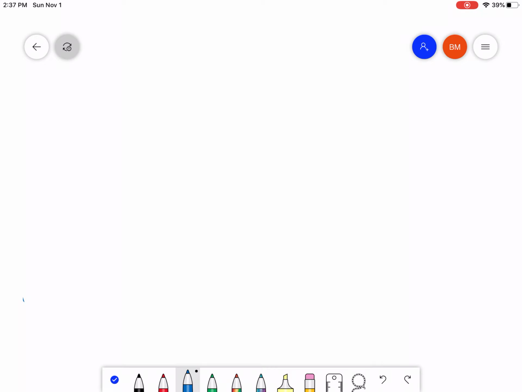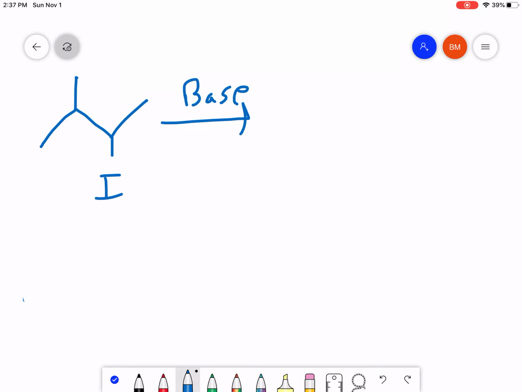All right, let's try another one. Let's say I had this. Again, first identify your alpha carbon. It's here. Then identify any beta carbons that you have.